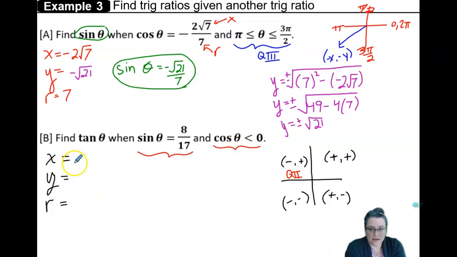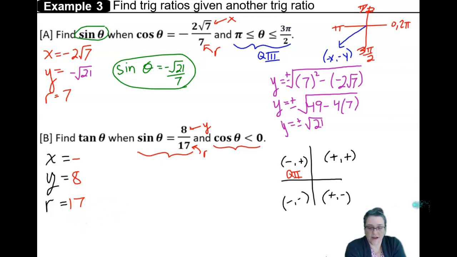So that tells us that the x is going to be negative, the y and the r are both positive, and sine is defined as y over r. So now we know that the y is positive 8 and the r is positive 17.